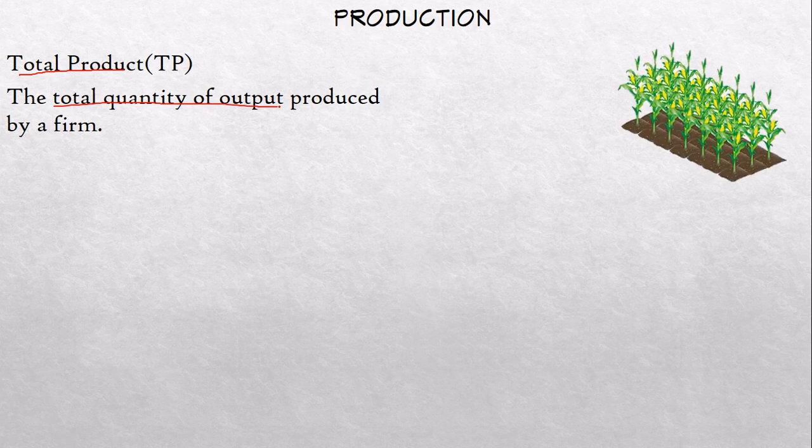So if, for instance, you have a farmer who owns this farm over here, so owns the land, and I have this over here as the farmer. Before I continue with this example, I want you to note that this analysis is in the short run.